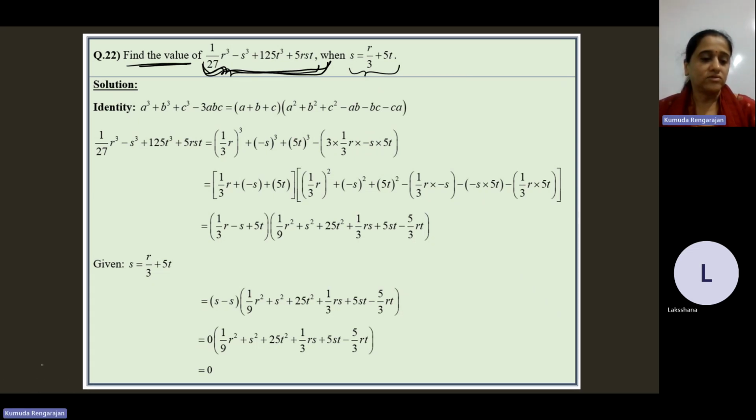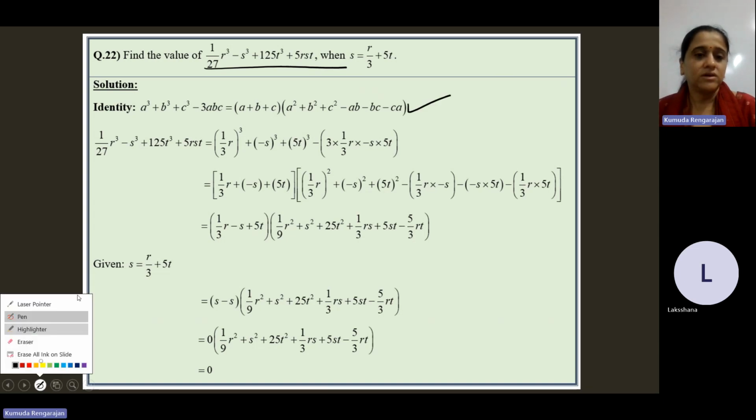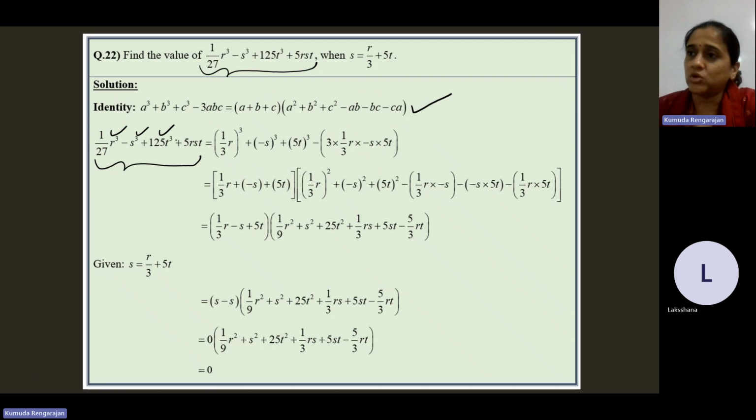So first factorize. Write the identity. Now we identified the identity that goes with the expression given, so write that identity. This is the identity that matches with the expression given here, right? Now write the identity first, and then write on the question given, and express these 3 as perfect cubes.